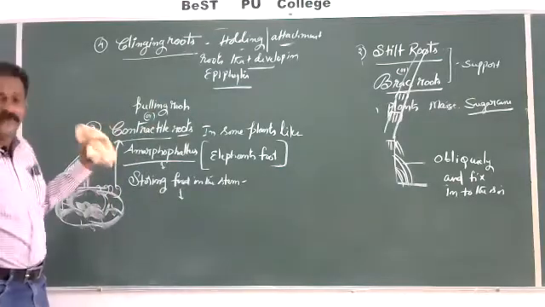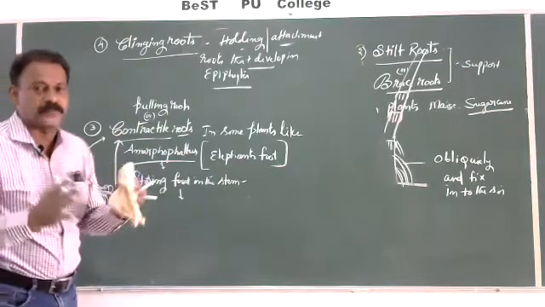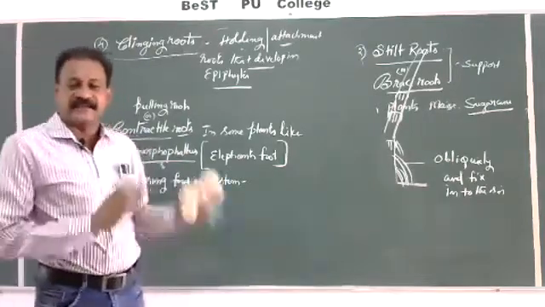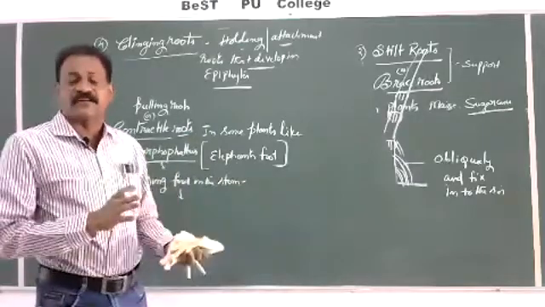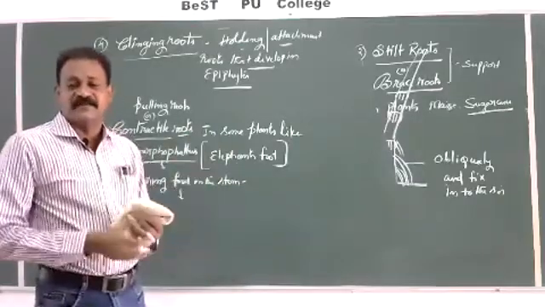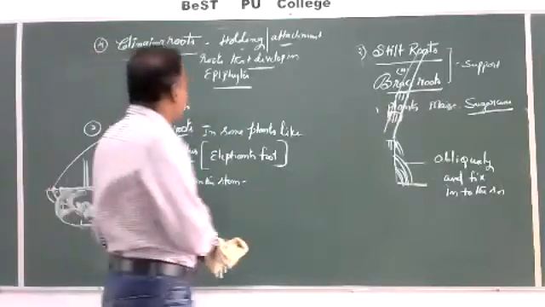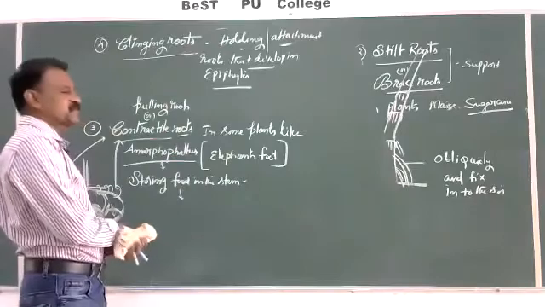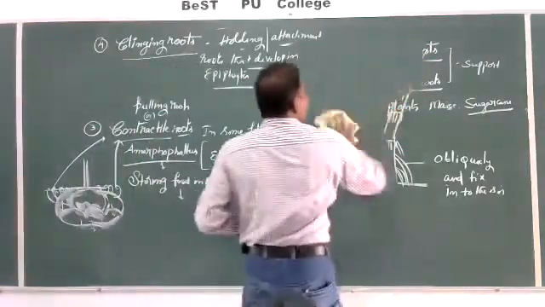So four types of roots we have seen, which are providing mechanical support to the plant. It is nothing but a type of modification for a special function, for some additional function apart from its normal function. Root modifications: adventitious roots.